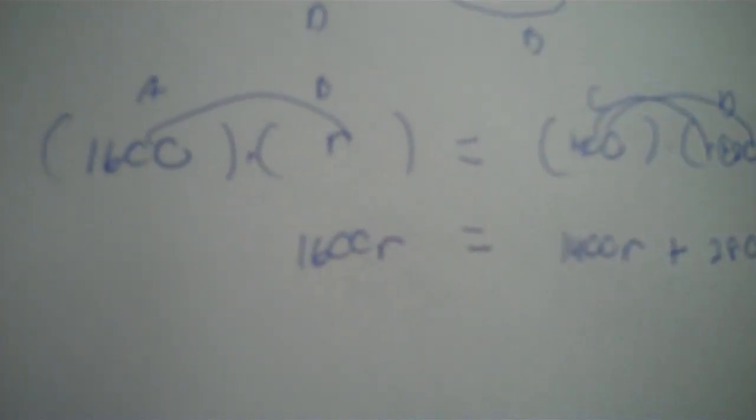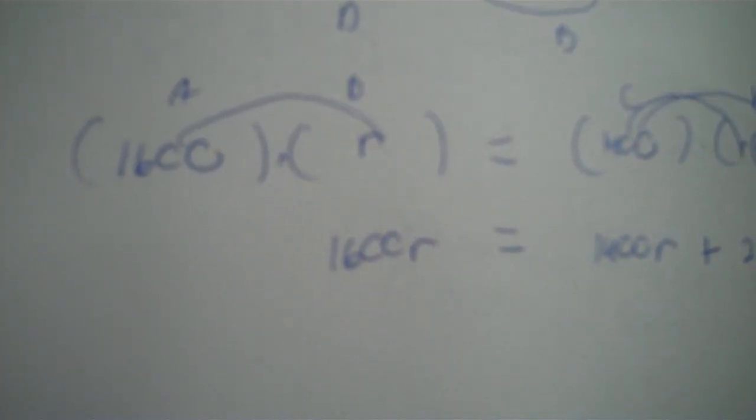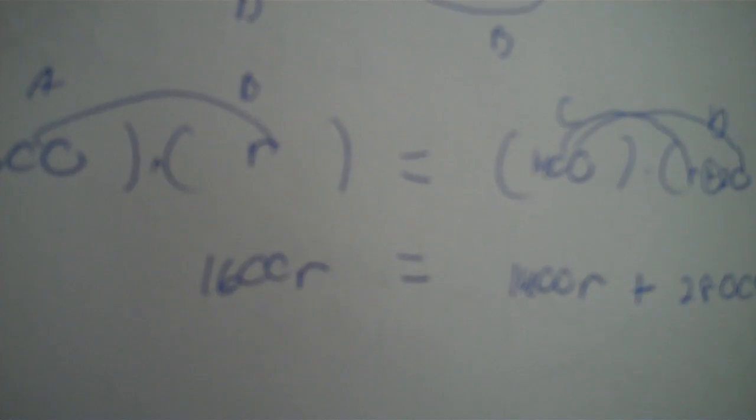Now, your R is only to the first power, so you're going to, again, use your linear properties to solve. The R's need to come to one side, and the non-R's need to be lined up on the other side. I have an R on both sides. You mark whichever one you want to get rid of.